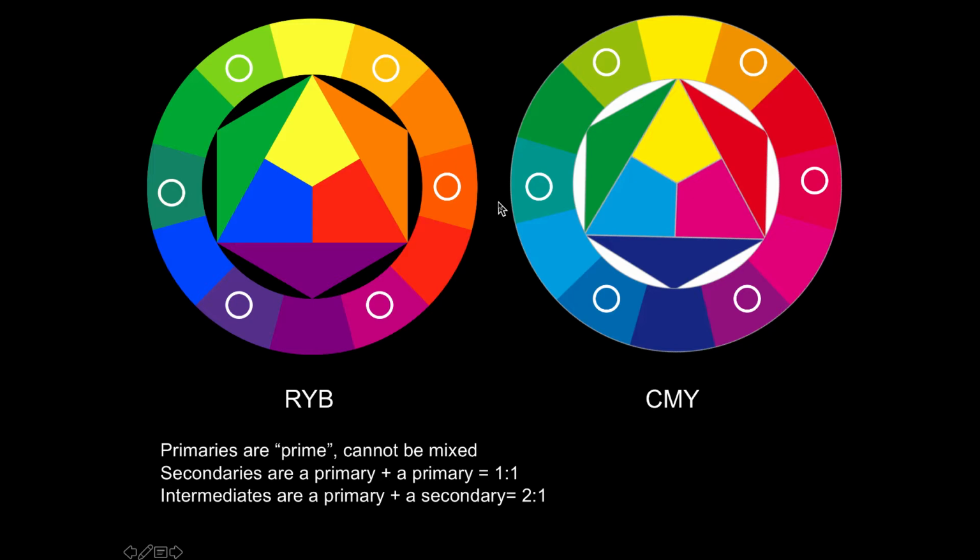So let's look at this. Primaries are prime and cannot be mixed. We talked about that. Secondaries are a primary and a primary mixed 1 to 1, and intermediates are a primary and a secondary 2 to 1. So what that means is you've got 2 parts of a primary to 1 part of a secondary, and that will give you an intermediate. We'll see that when we start mixing colors.